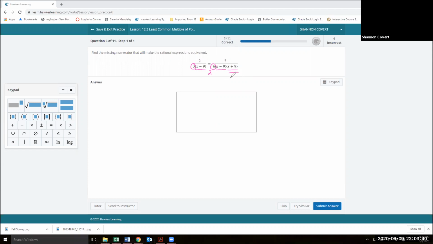So the pieces that are missing on the right-hand side in the denominator are a 2 and an x plus 9. So I'm going to take my numerator, which is 2, and I'm going to multiply that times 2 times the quantity x plus 9, which gives me 4 times the quantity x plus 9.